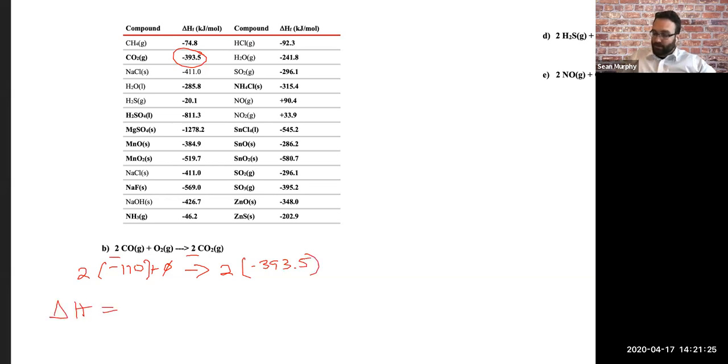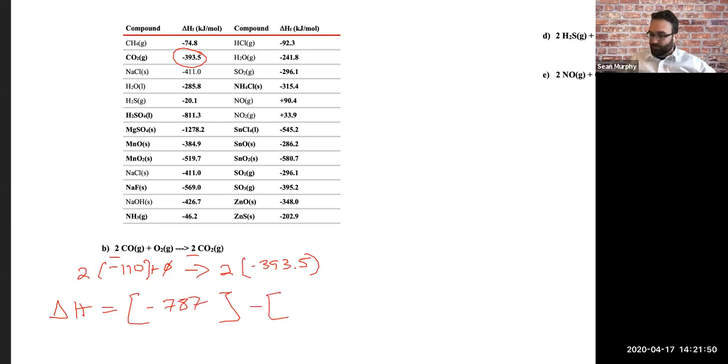So we have the products. Let's multiply 2 times negative 393.5. So we are going to have a negative 787.